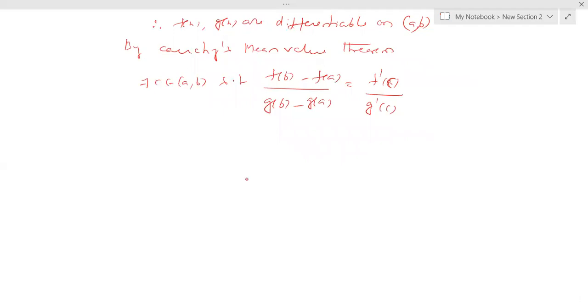So the left hand side value of the above expression is e power b minus e power a by e power minus b minus e power minus a, which is equal to the derivative of e power x, which is e power x itself. So its c value is e power c. The derivative of e power minus x is minus e power minus x.